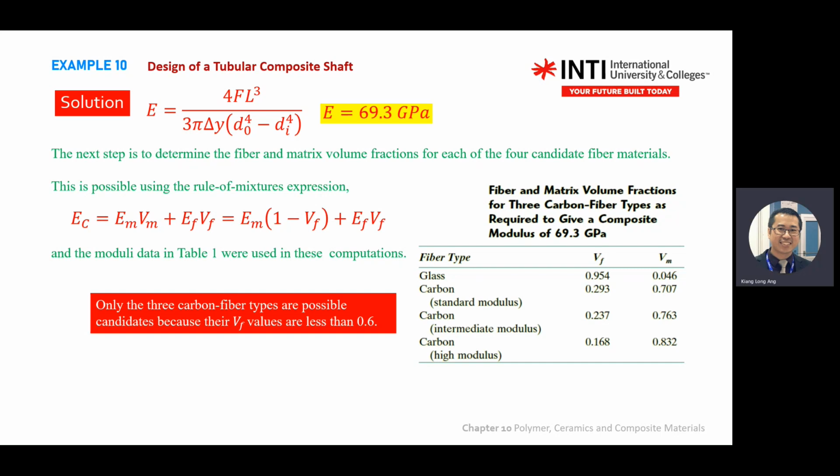Or this one, 1 minus this one equals this one, same. Okay. So once you find all this, you get the modulus of 69.3, which is here.